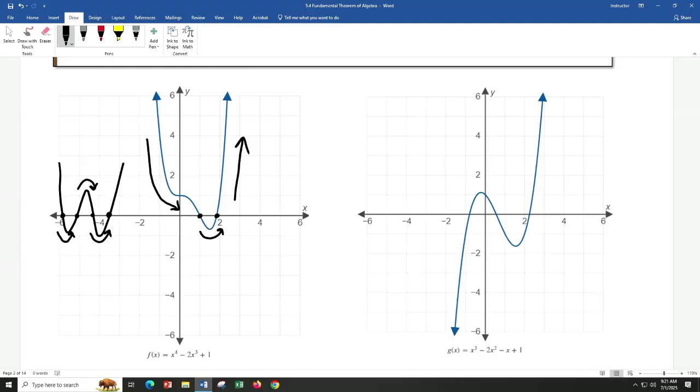Well, it's 4 minus 1. 3. N minus 1 turning points. That's all that's saying. I can't have 4 turning points because that means this guy did this. He turned, went back down, and now all of a sudden a 4th degree polynomial has 5 answers. Can that happen? No. That's why they're saying n minus 1.